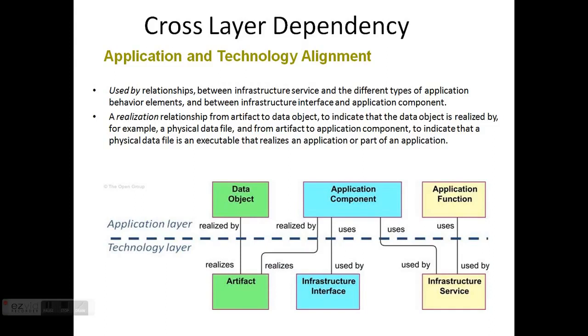Another cross-layer dependency type is the application and technology alignment, where we want to make relationships between elements from the application and technology layers. And again, we use the used by relationship between infrastructure service and the different types of application behavior elements, and between infrastructure interface and application components.